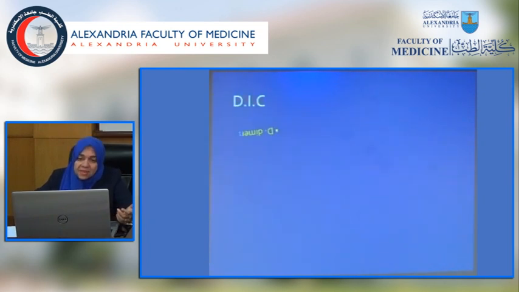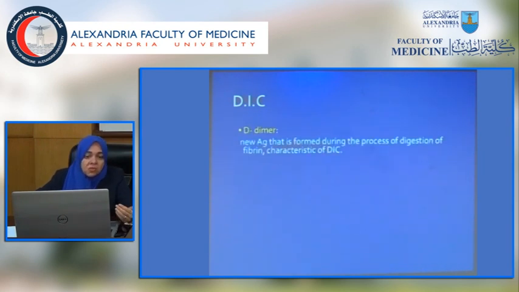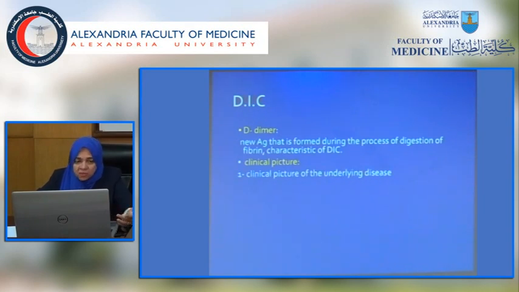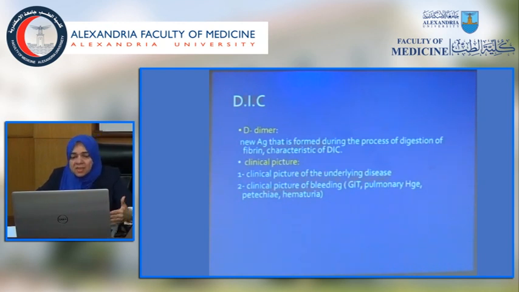D-dimer is an important tool to diagnose DIC. This is a new antigen that is formed during the process of digestion of fibrin, and it is very characteristic of DIC. The clinical picture of DIC will be first the clinical picture of the underlying disease, which is mainly sepsis, then the clinical picture of the bleeding: GIT, pulmonary hemorrhage, petechiae, bleeding everywhere in the body, and the clinical picture of thrombosis and necrosis.